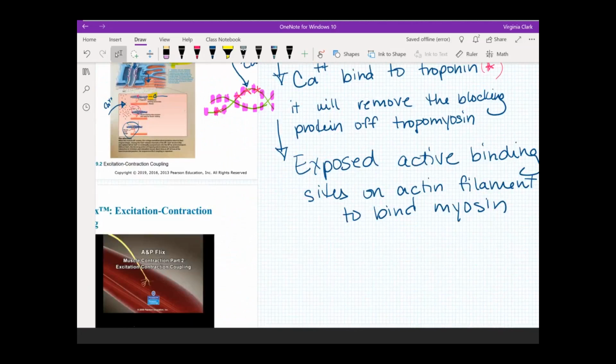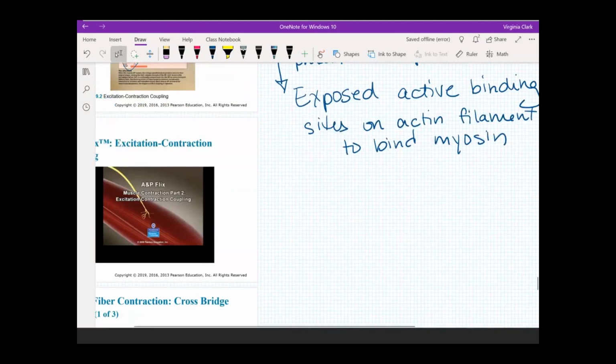It removes the protein, so tropomyosin is gone, and it exposed the active binding sites. So now, if we have exposed active binding sites, myosin will then bind to the actin and form a cross bridge.